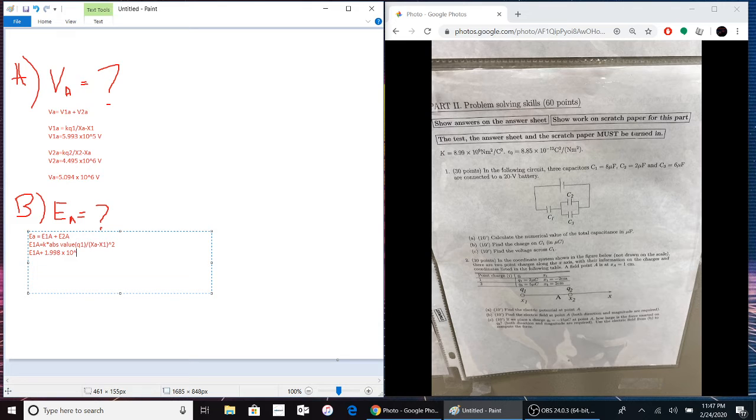Which power is this? Oh, I forgot to write down the power. It's 2 of something. I'm going to go ahead and calculate this here. Shoot. Sorry, guys.